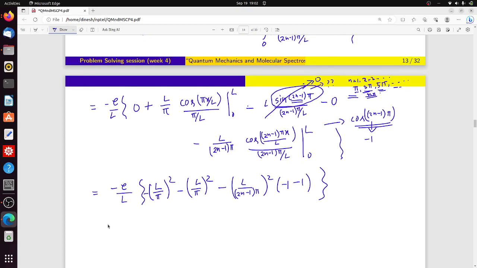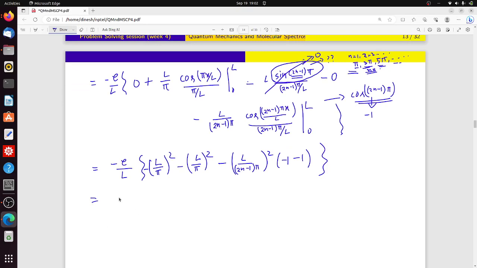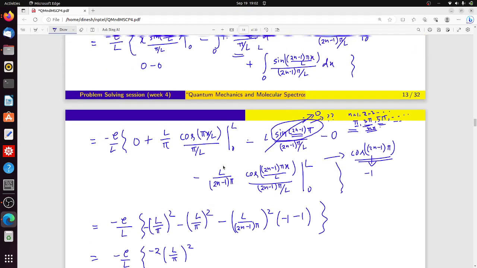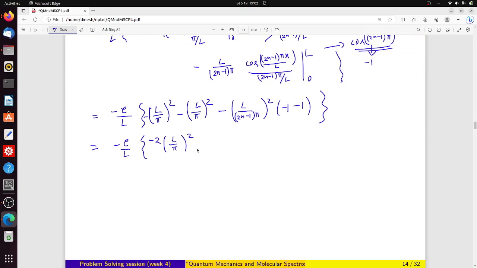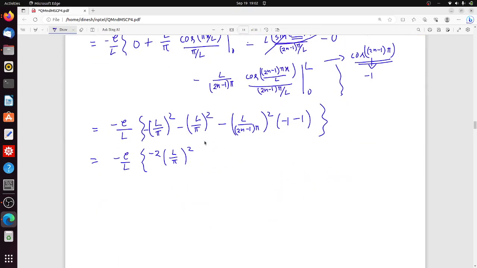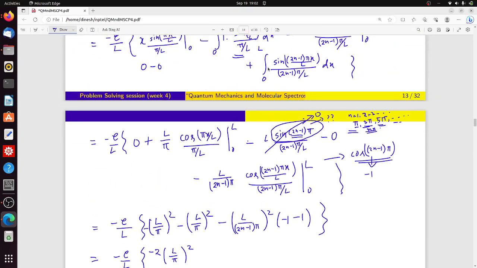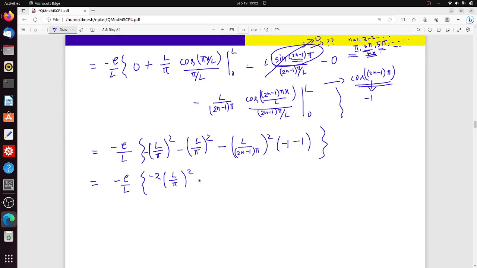Okay, now let's simplify this. Okay, this is minus E over L minus 2 L over pi whole square, and then this is minus 2, minus, okay, there is plus, okay, yeah, correct.